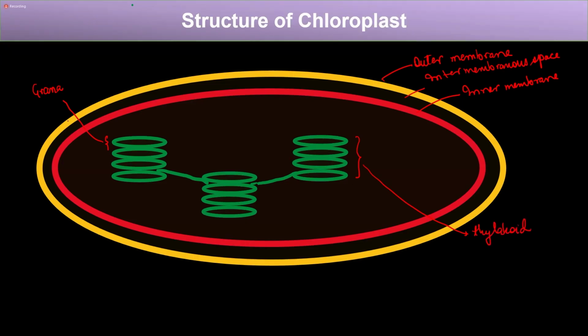The grana is a single entity of this entire stack. The grana is double layer, and it consists of certain enzymes. What enzymes? We'll see in the next slide. Similarly, the thylakoid is a stack of grana.